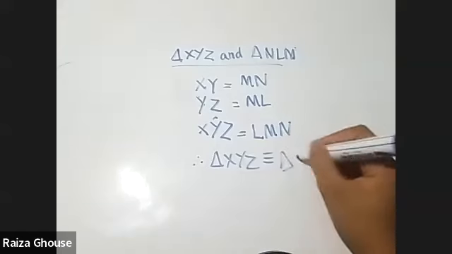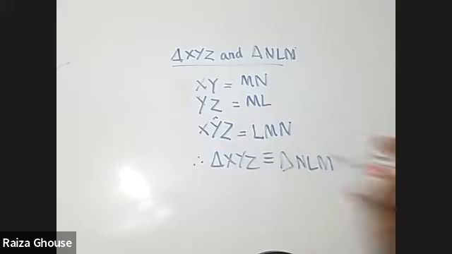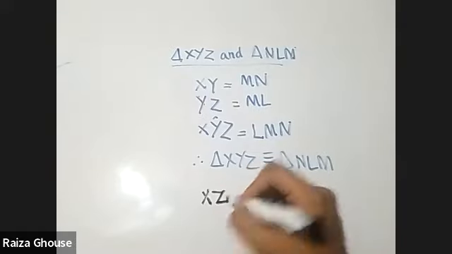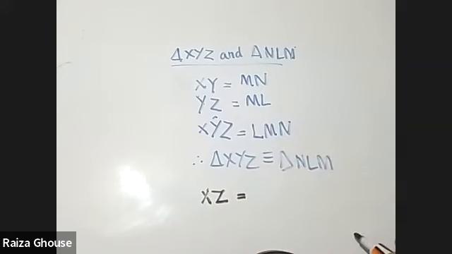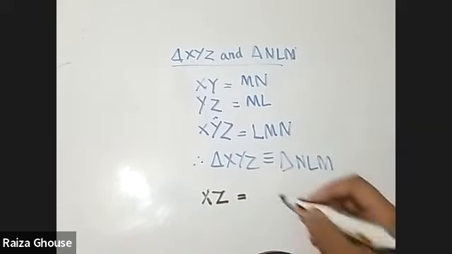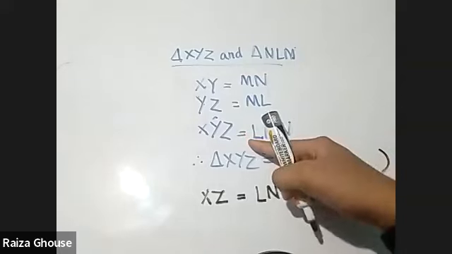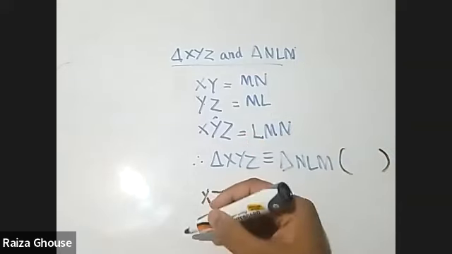Triangle XYZ congruent to triangle NLM. What are the other data? Remaining data. Tell me now. Two sides are written. Remaining side is XZ side. XZ side is equal to which side? LN. One angle is written, remaining angles are X angle and Z angle.